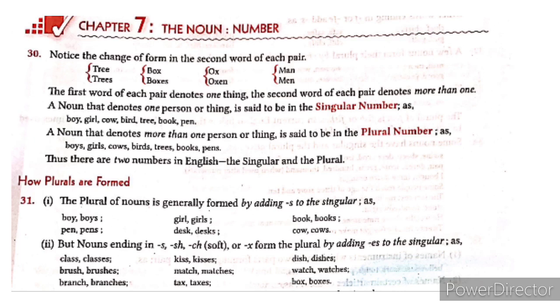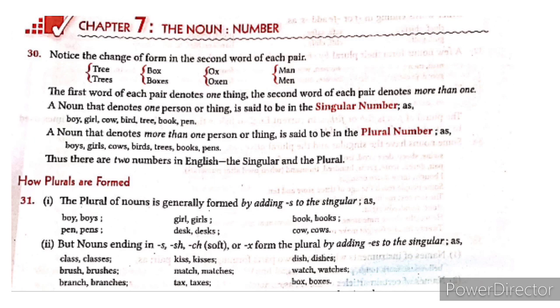Any singular noun which is ending with s, ch or x, then what we do, we add es to those nouns to make it plural.